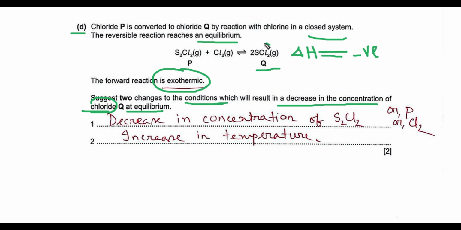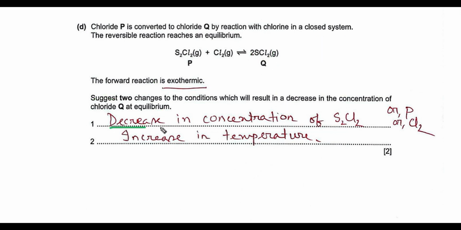Number 1, decrease in concentration of S2Cl2. If you decrease the concentration of S2Cl2, the position of equilibrium will move from right to left, so Q will decrease.